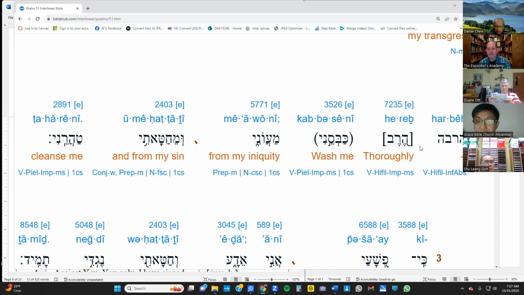But notice here in verse 2, thoroughly wash me, there's the verb, from my iniquity. As I showed you in the Hebrew text. And then notice the next line begins, and from my sin, cleanse me. See that? If you look at the interlinear, you go, oh, look, the second line begins the way the first line ends. So from the interlinear, you would be able to see this.